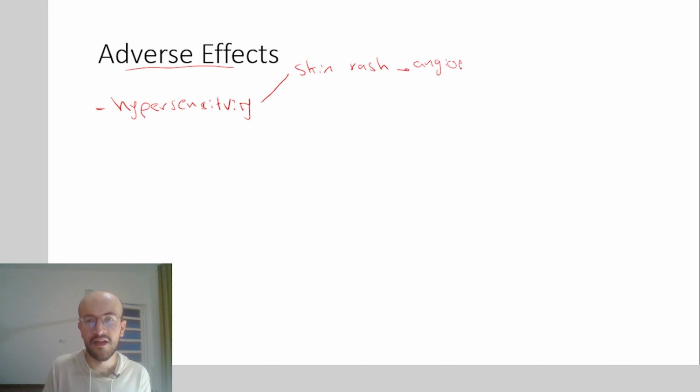Angioedema is a swelling of the lips and the tongue and around the eyes, so ranging from skin rash to angioedema to anaphylactic shock. Anaphylactic shock is life-threatening and needs emergency treatment with corticosteroids.